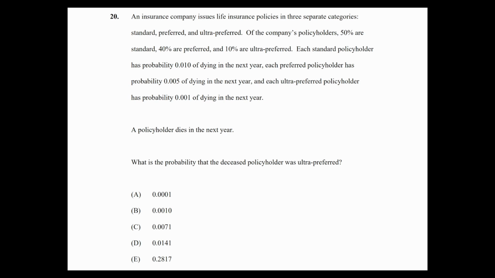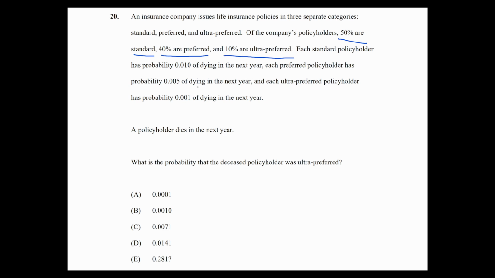An insurance company issues life insurance policies in 3 separate categories: standard, preferred, and ultra preferred. Of the company's policyholders, 50% are standard, 40% are preferred, and 10% are ultra preferred.